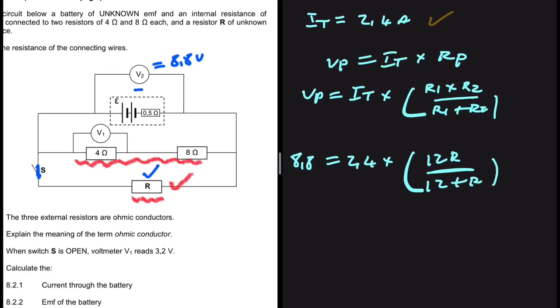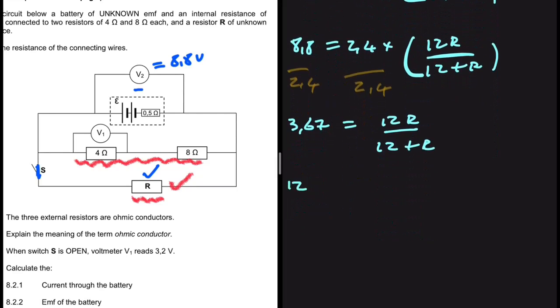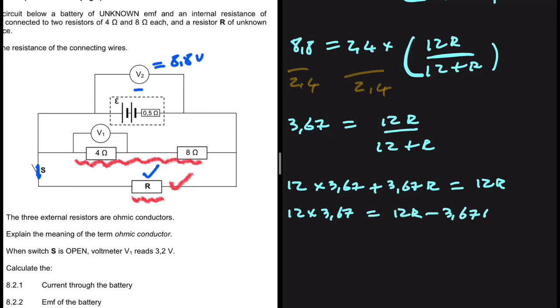So we can divide both sides by 2.4. Let's go ahead and divide both sides by 2.4. 3.67 is equal to 12R divided by 12 plus R. Let's go ahead and cross multiply. We're going to get 12 multiplied by 3.67 plus 3.67R being equal to 12R. So 12 multiplied by 3.67 is equal to 12R minus 3.67R.